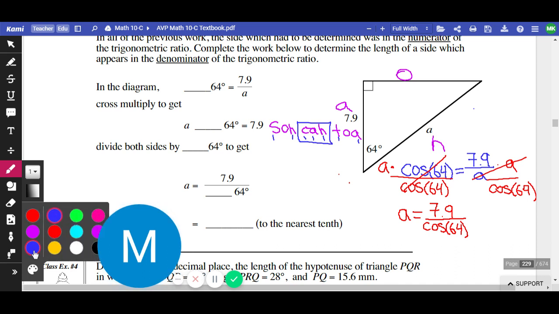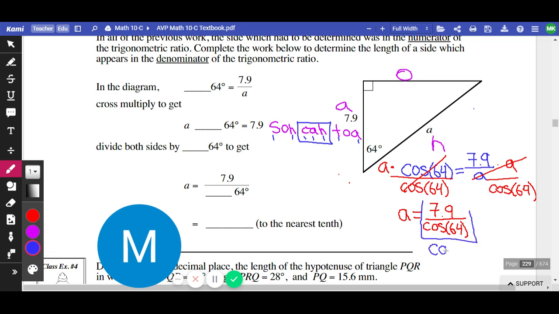This can go in your calculator, this part. So you go 7.9 divided by cos of 64. We get 18.02, which rounds to the nearest tenth, 18.0.